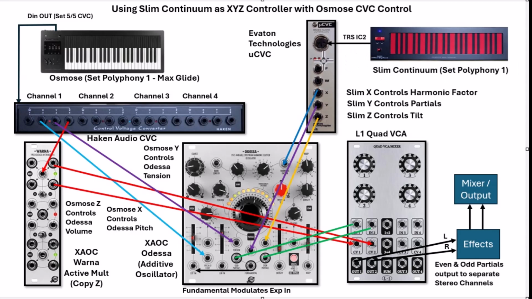Since this is a single channel output device, that works well for this application. I'll send X in to control the harmonic factor input of the module, Y will control the partials, and Z controls tilt. So that's the basic setup.